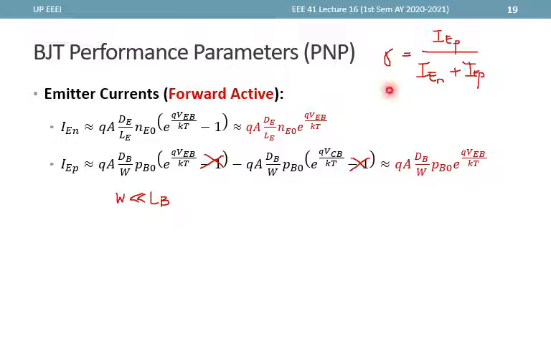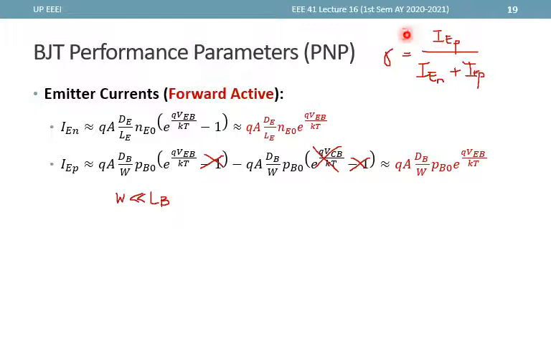And going back to this, since the device is in forward active, then the collector base junction must be reverse biased, and this must be much less than this one. So we can just remove this, and we end up with only this term. So this thing does not matter anymore.